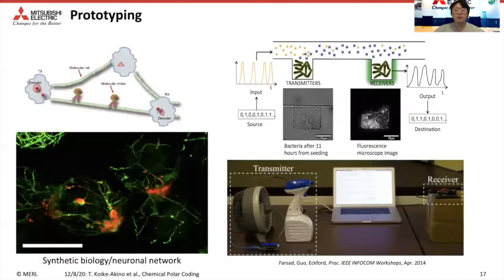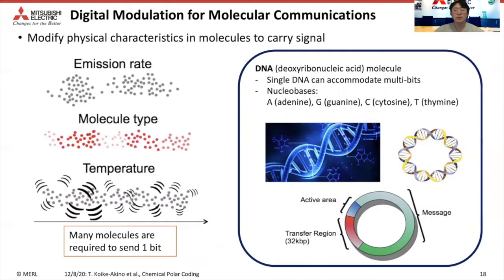Not only theory, but also some prototyping and experiments were reported. There are some different digital modulation schemes for molecular communications, for example, emission rate, molecular type, and temperature change. But mostly, many molecules are required to send one bit.